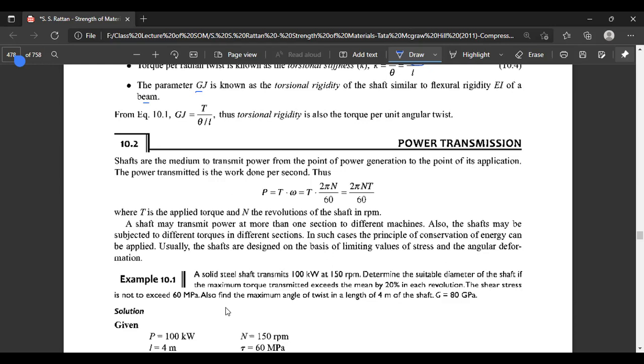So power will be torque multiplied by omega. Omega is equal to 2 pi N divided by 60, so power is 2 pi N T divided by 60, where T is the applied torque and N is the revolution of the shaft in RPM.